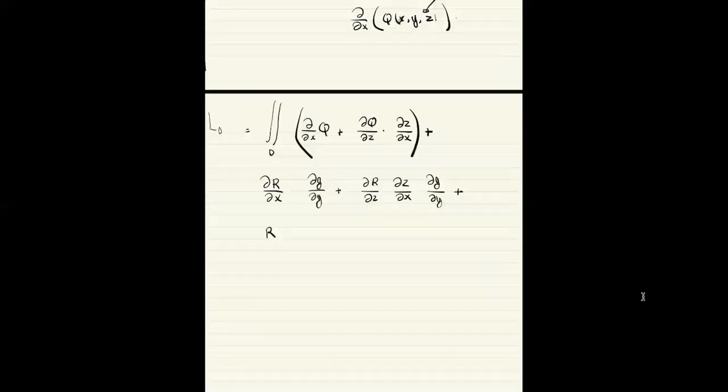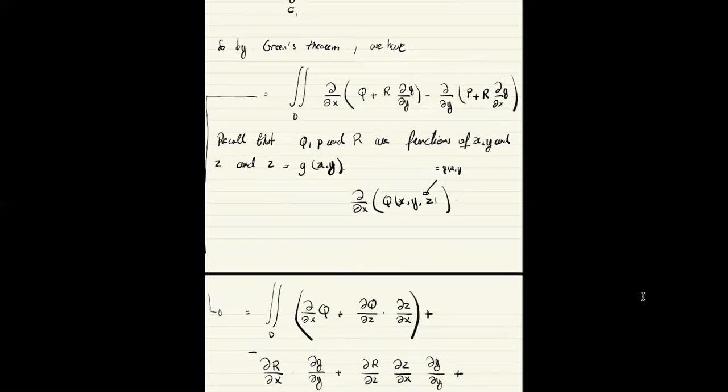This is the product rule. This is just d/dx. Now it's a function of just two variables, so there's no chain rule. And now I'm done with this first half.